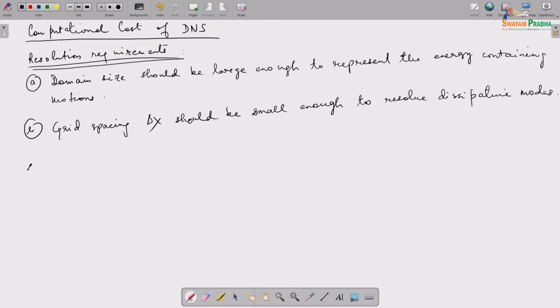And time stepping should consider, will basically depend on numerical accuracy.